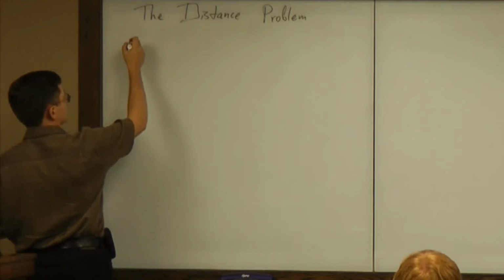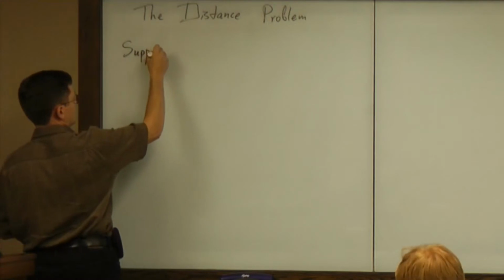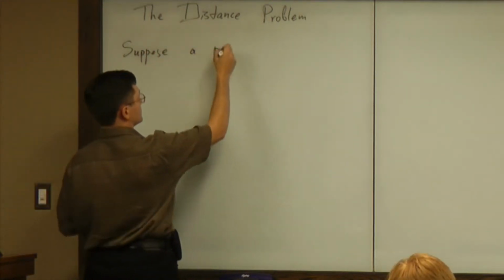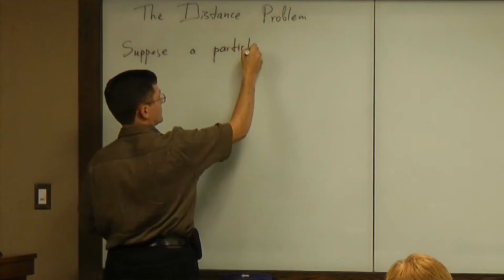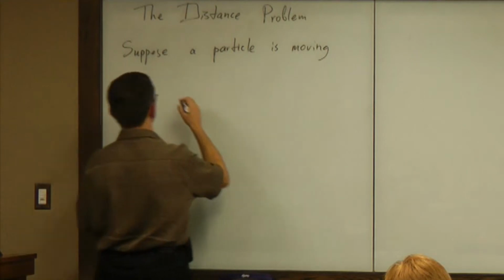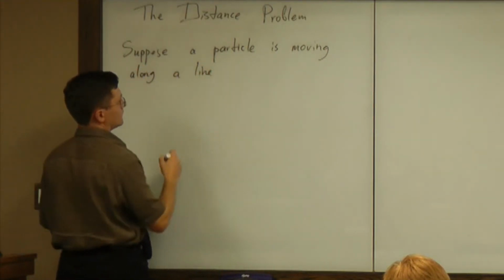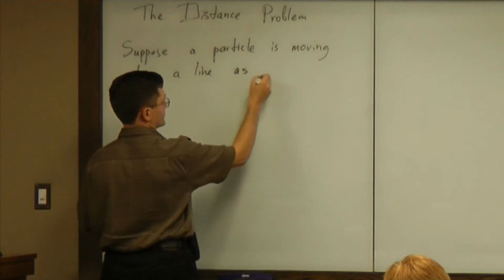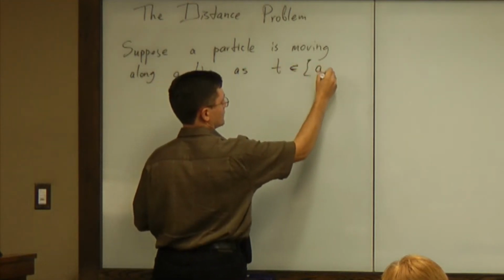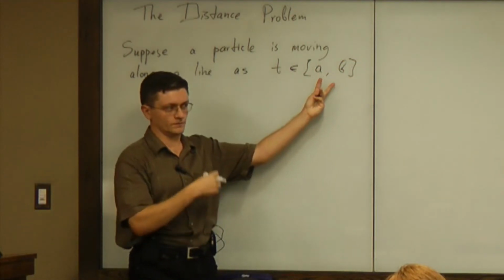So suppose a particle is moving along a line as the time changes between the time A and the time B. So those now have different meaning.